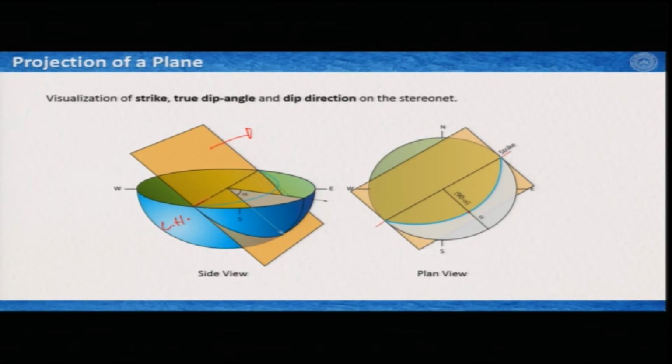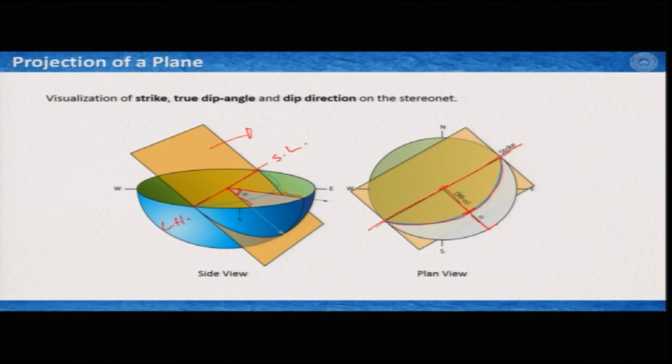This intersection line between the equatorial plane and this projected plane is your strike line, and this angle here is your dip angle. Now, if I view this in plan view, then this is the strike line, this is the projection of the plane, and this angle defines the dip angle of this plane, and the rest is 90 degrees minus the dip angle, which in this case is alpha.